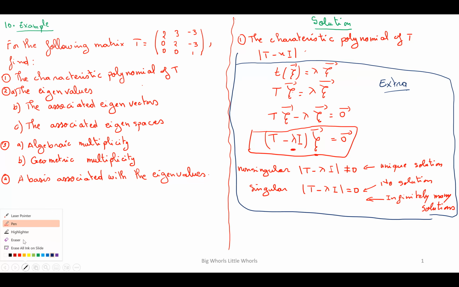Let's continue. Next page. Remember, here we are dealing with the characteristic polynomial, and we say that it is the determinant of T − xI.